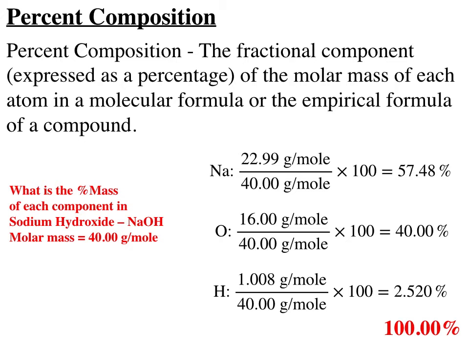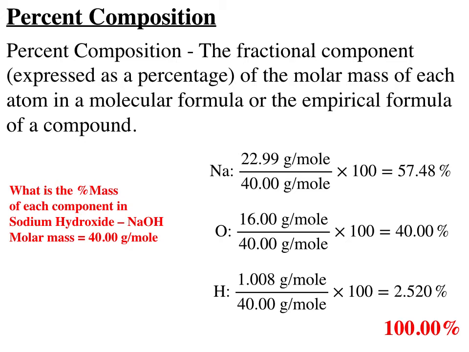So the molar mass of the sodium is 22.99 gram per mole. I'll divide that elemental molar mass into the molecular molar mass and get a fraction, multiply by 100, and find 57.48% of the total mass is due to sodium.